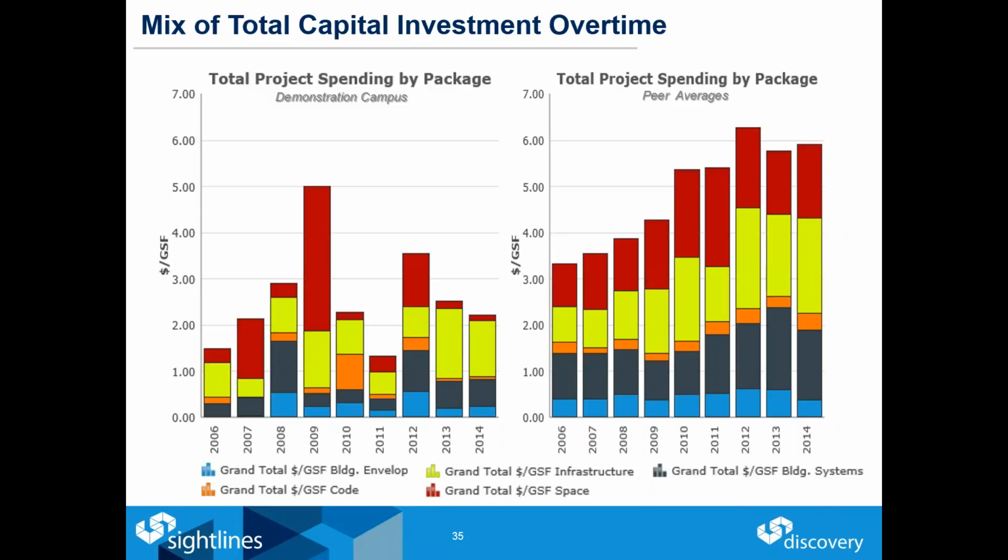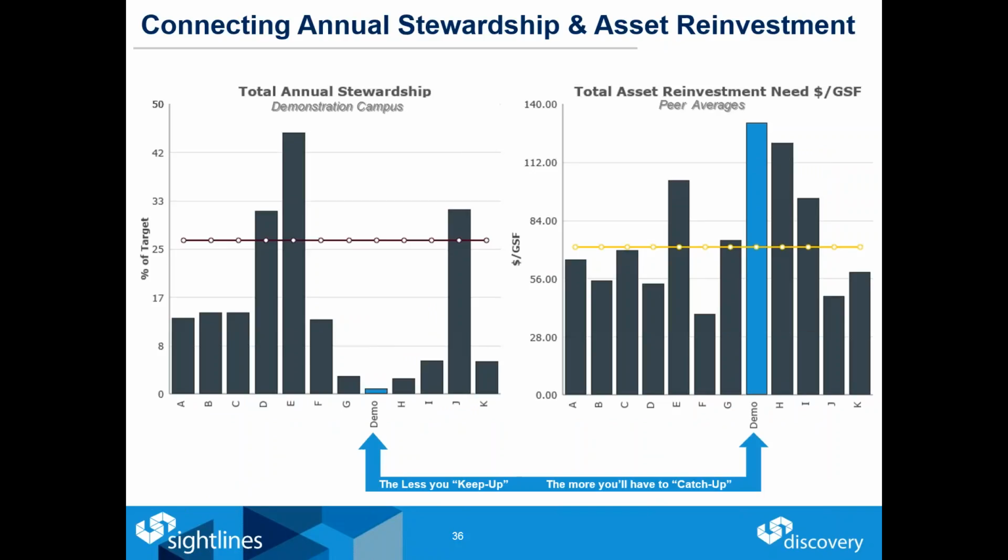It's very important that you change the thinking, because those projects that renew space, even though they're important, are not the things that are going to prevent major failures from happening on your campus. And then ultimately, we want to show how there's a connection between annual stewardship spending and backlog at the institution. The less you keep up, the more you have to catch up.